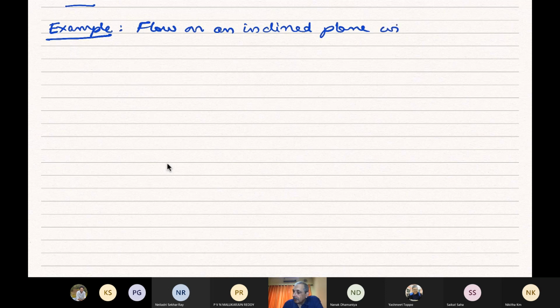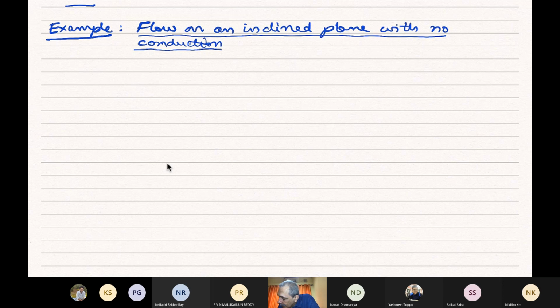So here is a case where I'm saying that there is gravity because it's gravity driven flow, but I want to neglect conduction. So let's suppose that conduction is not there. So this makes the energy balance equation very easy. And so this is my problem.